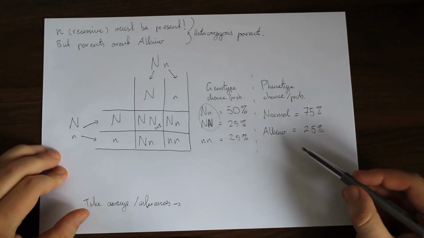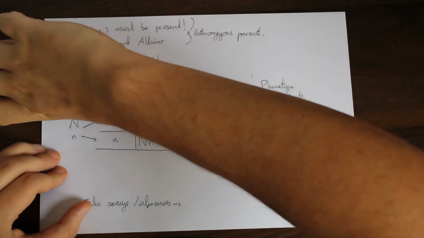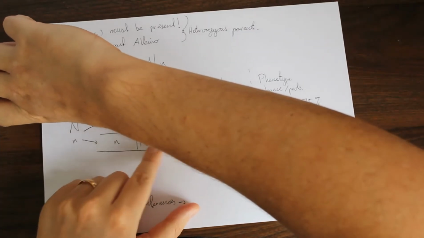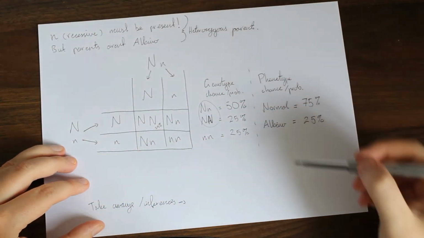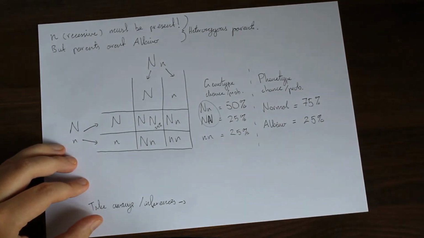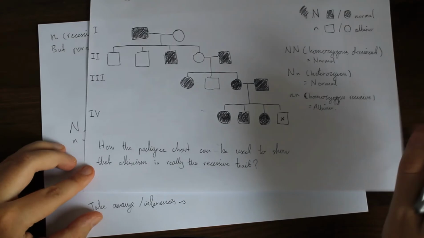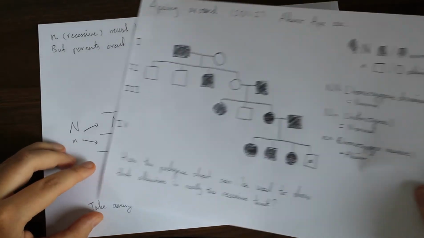If it was the other way around and albinism was dominant, okay, we would have a 75% chance. All these ones have little n's, okay, they all have the gene for it, and we would see majority of the offspring being albino. Okay, we don't see that in our particular example.